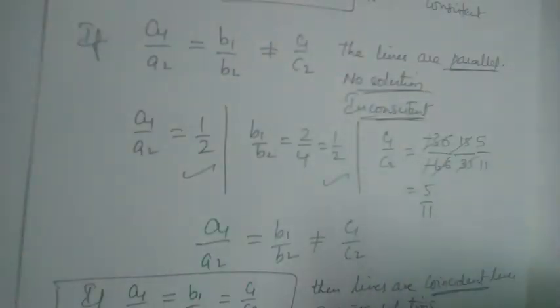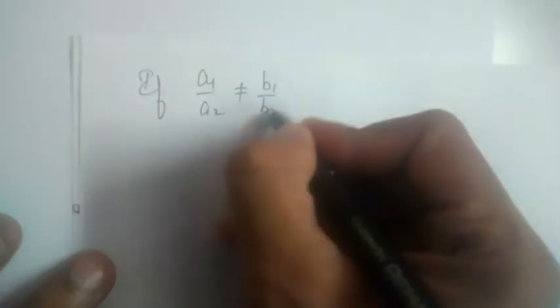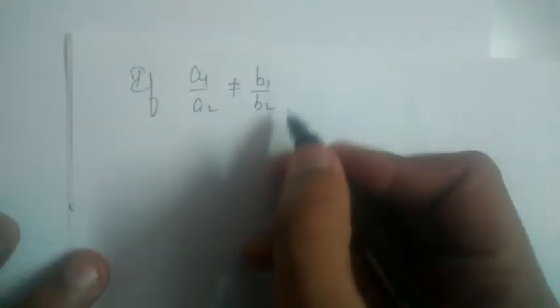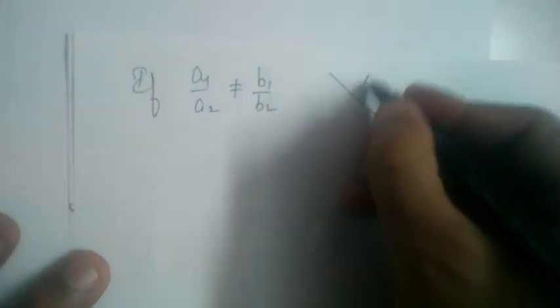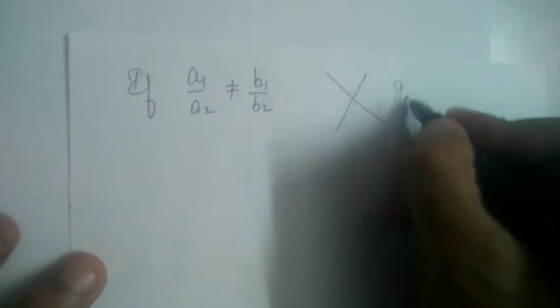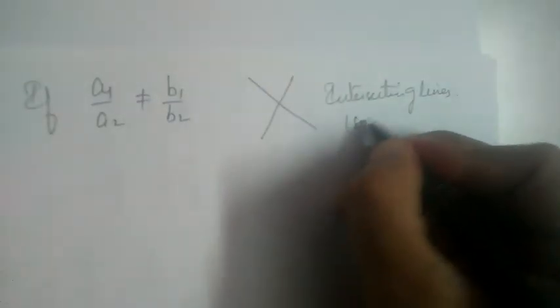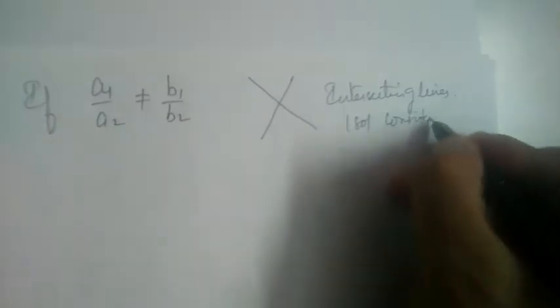Okay, so what did we learn in this video? We have learned that if a1 by a2 is not equal to b1 by b2, don't worry about c1 by c2. The lines will be intersecting, and of course one solution and consistent, right?